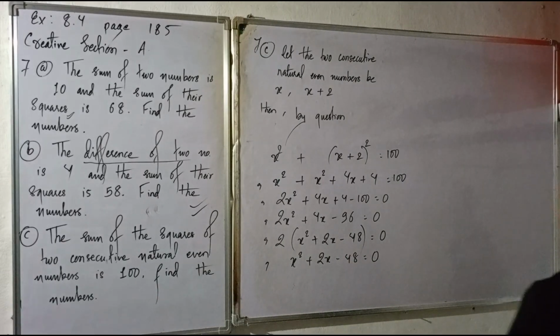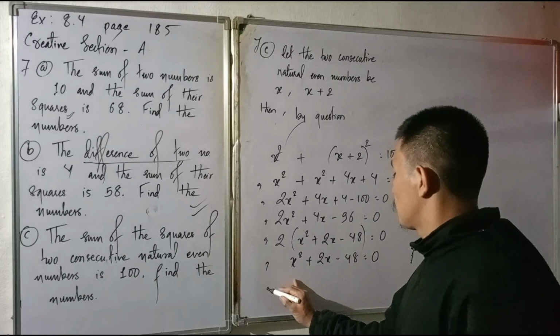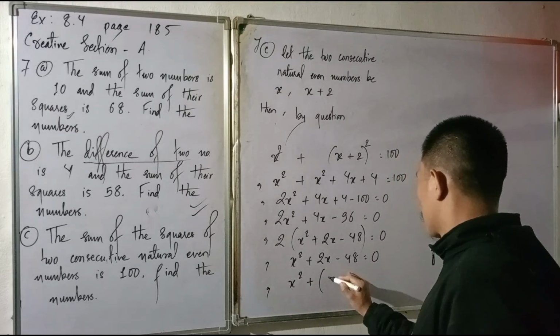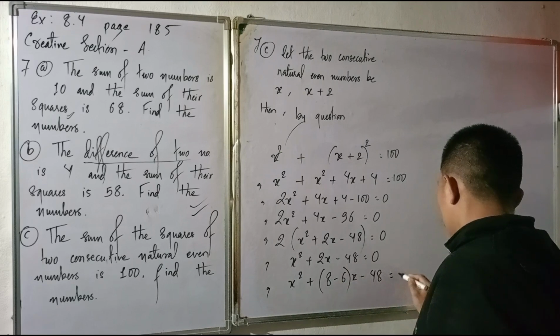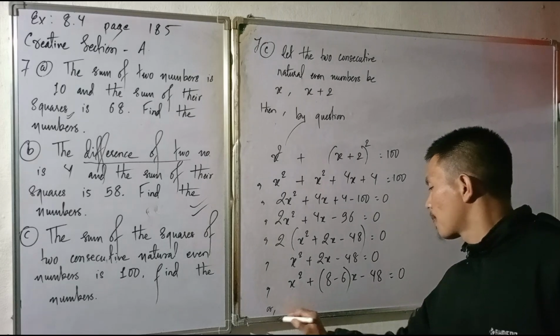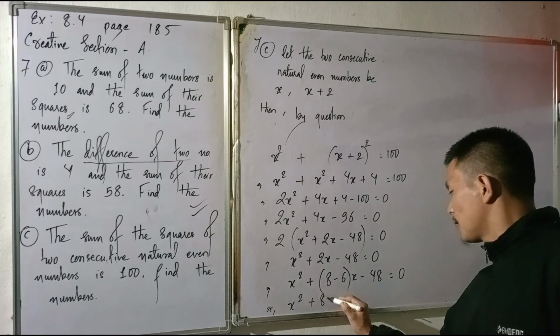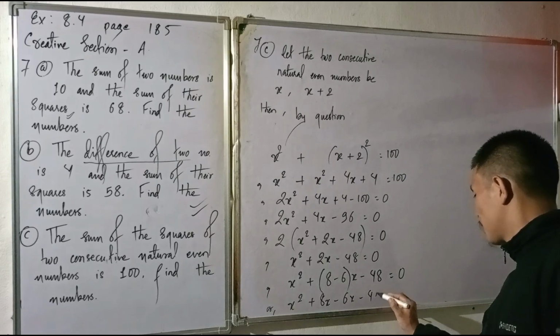Now 48, choose the factors of 48 such that when you take the difference, the result will be 2. 8 times 6 is 48, and 8 minus 6 is 2. So x squared plus 8x minus 6x minus 48 equals 0. x(x plus 8) minus 6(x plus 8) equals 0.